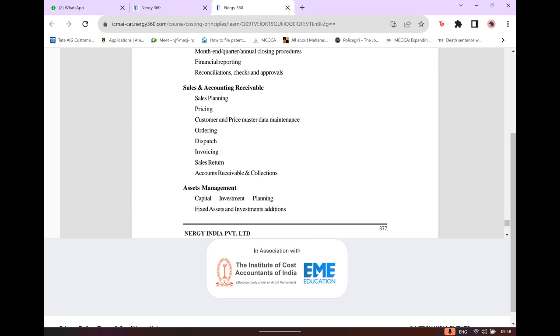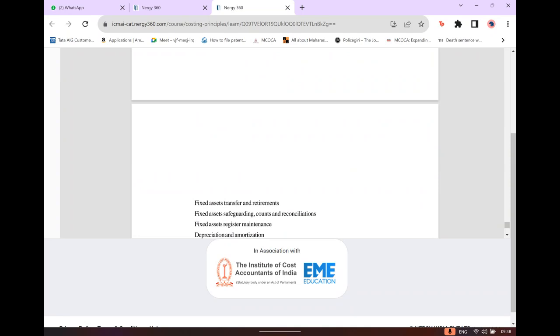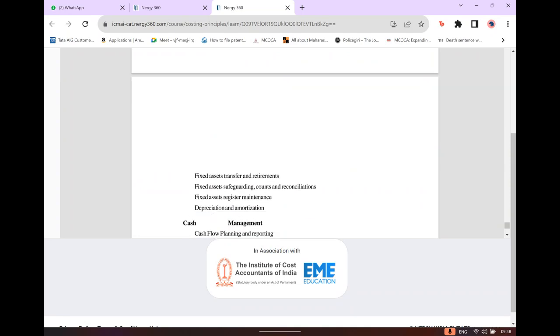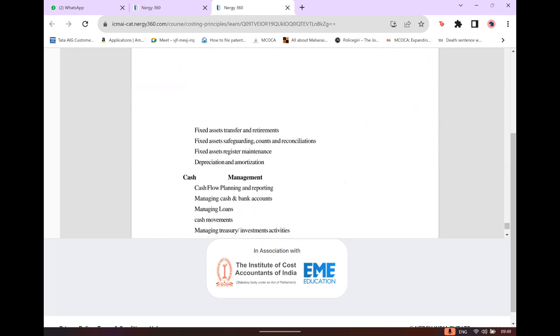So how much will be your outlay, fixed assets addition, investments addition, fixed assets transfers, retirement, fixed asset safeguarding, counts and reconciliations you do. You will check the fixed assets register and do a physical counting, whatever is the difference, all that reconciliation you do.